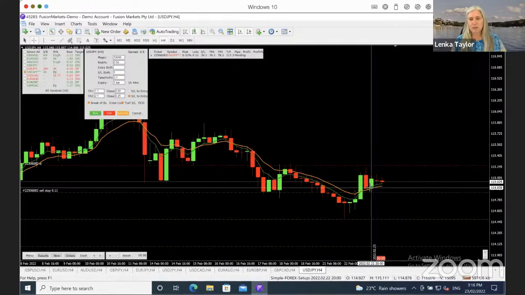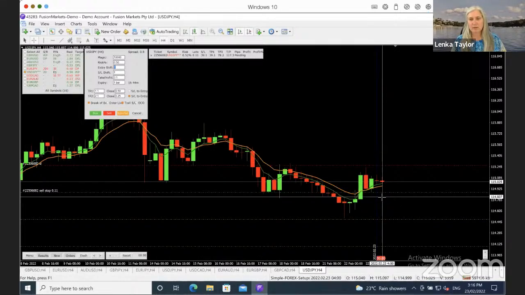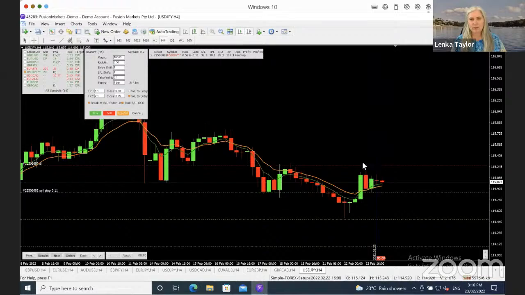If I'm looking to enter under the green bar, then I would look at 1, 2. So it would be a shift 2 for the entry. And if I'm looking to take the stop loss above the red bar here, then that's a shift of 3. So entry would be shift 2 and stop loss would be shift 3. So 3 bars away from the current, 1, 2, 3, if that makes sense.